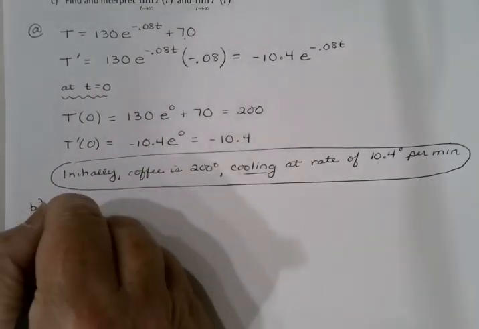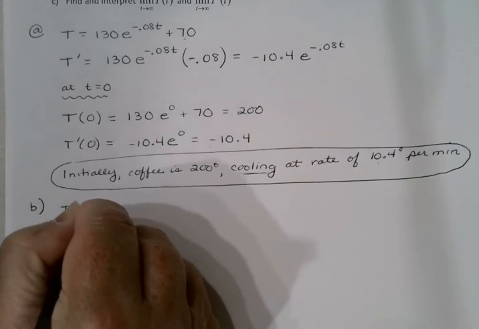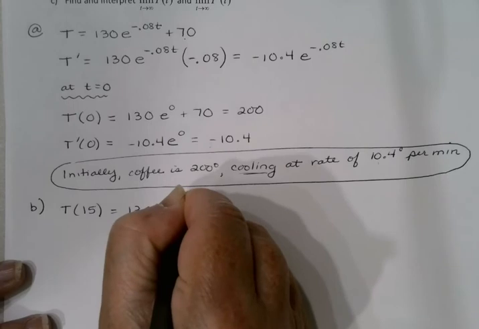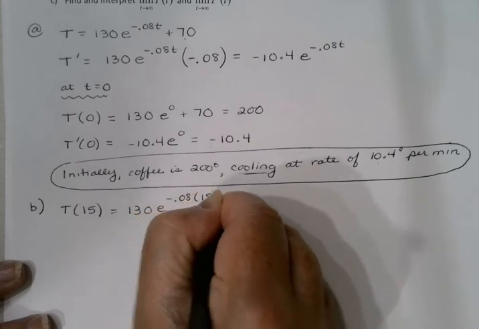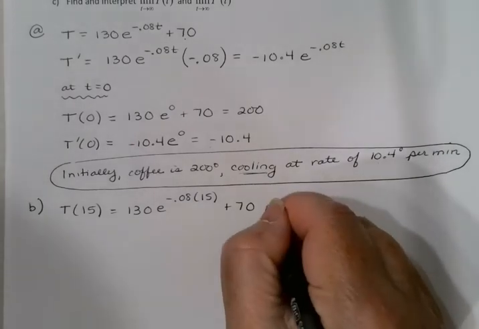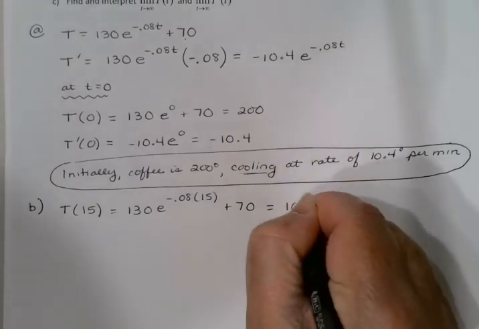So if I just plug in t equals 15, that's going to give me the temperature. And it looks like 109 degrees if I round off to the nearest degree.